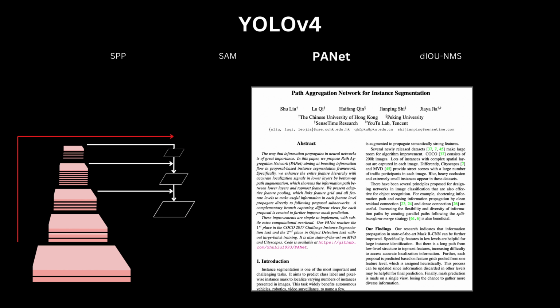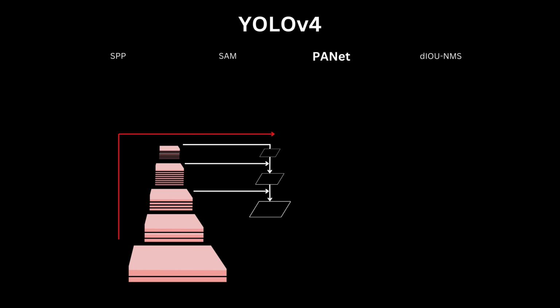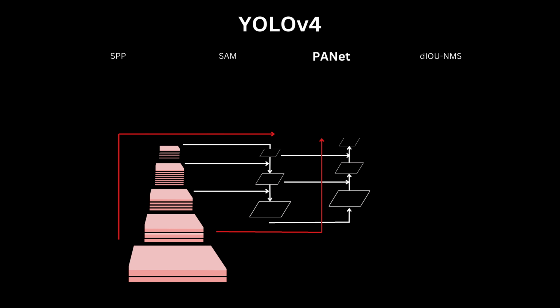The authors then make changes in the architecture for better information propagation from lower to topmost features. Specifically, they add a bottom-up pathway in addition to the existing top-down pathway of FPN. This ensures that there is also another, shorter path from lower to topmost features, enabling better propagation of features from lower to top levels, and thus helping us get better results.